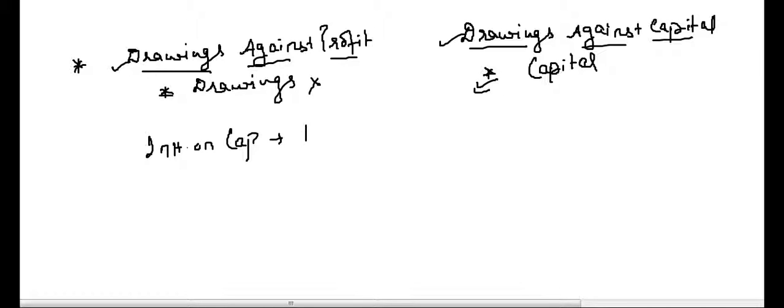Because if he is introducing a capital of 1 lakh and afterwards out of that capital of 1 lakh he has withdrawn a capital of 20,000, then he is left with a capital of 80,000 and interest will be paid on this 80,000 only, because 20,000 he has already withdrawn. Clear? So be careful with these two terms, drawings against profit and drawings against capital.